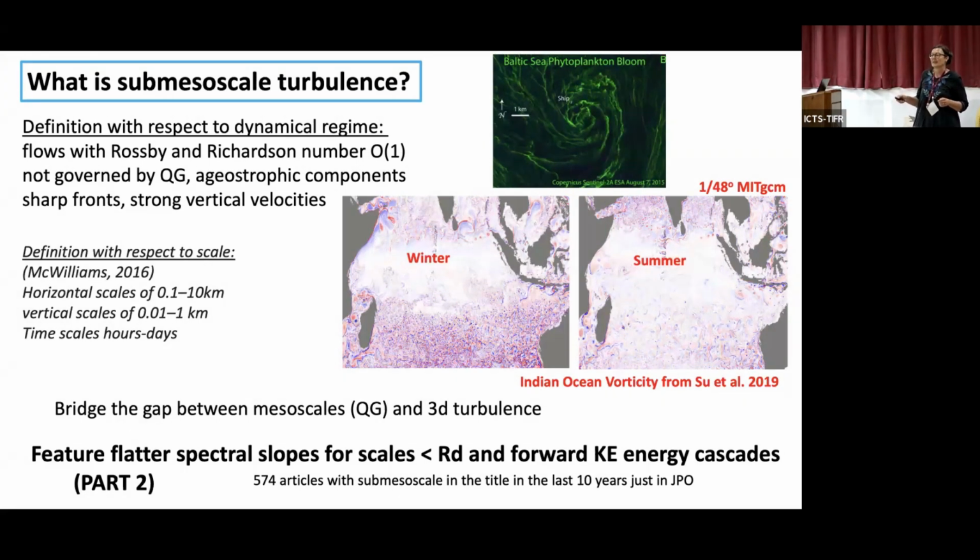And so typically what you see, so this is vorticity in the Indian Ocean. In the winter, you have these enhanced Rossby numbers. So submesoscales, of course, feature flatter spectral slopes and a tendency for forward kinetic energy cascades. And there's going to be a little bit more on that in part 2 after the break.